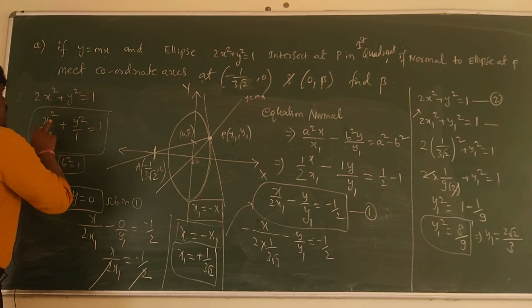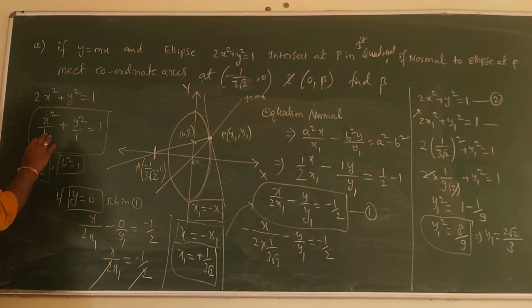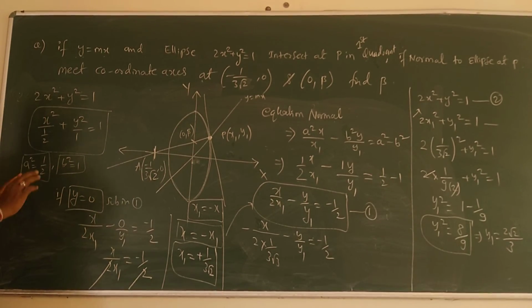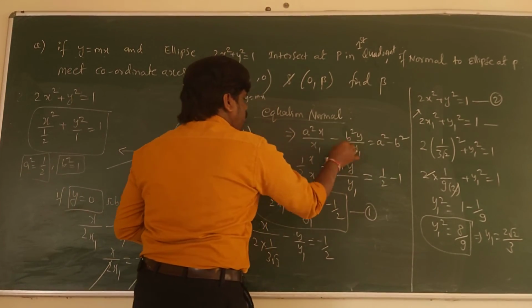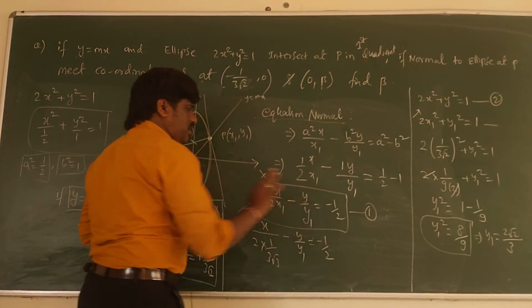So I took the ellipse equation 2x square plus y square equal to 1. I checked it is a vertical ellipse, so I have done it. And then first I found the equation of the normal. This is the formula. In that I substituted the a square value and b square value, and you got this.